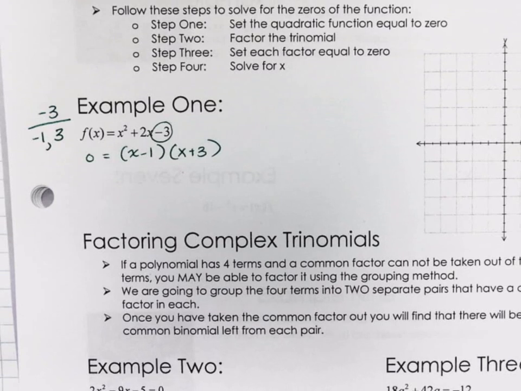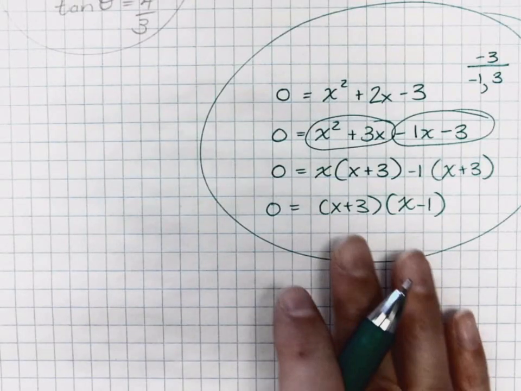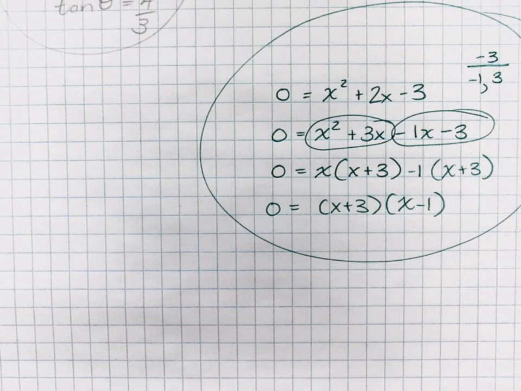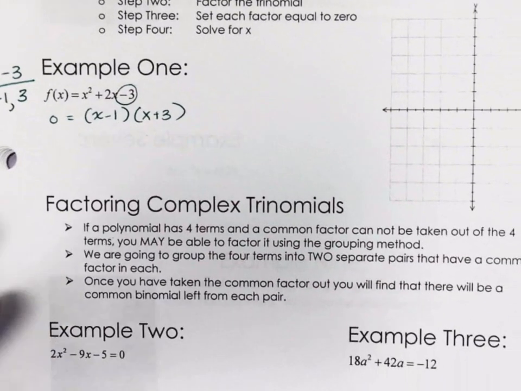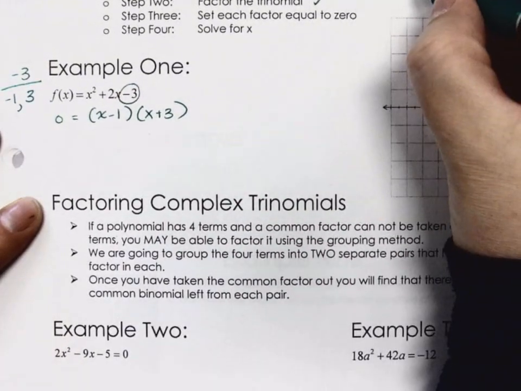That's a quicker way to do it, but I need to say this out loud, and I'll say it a million times: it only works with simple trinomials, so the a coefficient is a positive 1. Now that we've factored, and if you don't believe me, note we did all the steps and we got the exact same factors. So after we factor the trinomial, we set it equal to 0.